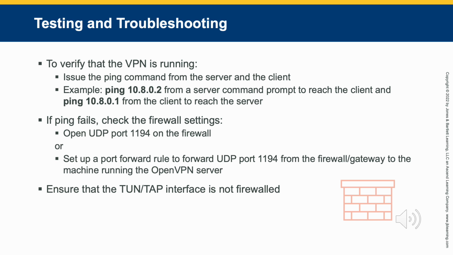You would replace the IP address with a host and a gateway in the real world. If the ping fails, check the firewall settings. Open UDP port 1194 on the firewall, or set up a port forward rule to forward UDP port 1194 from the firewall gateway to the machine running the OpenVPN server. Ensure that the tun/tap interface is not firewalled.